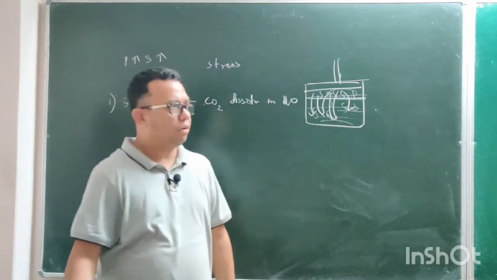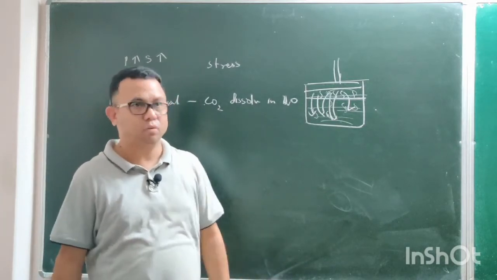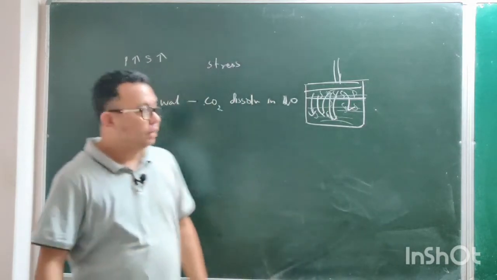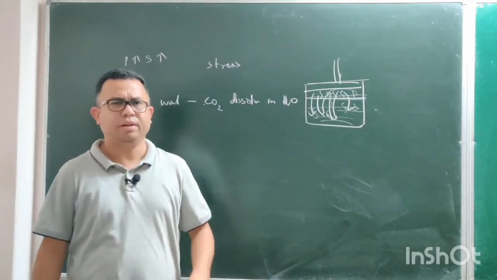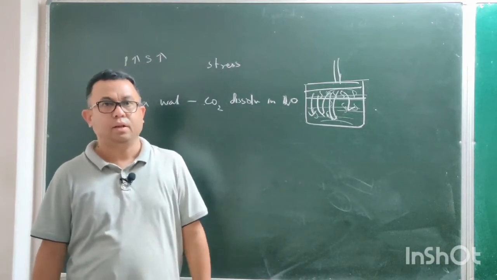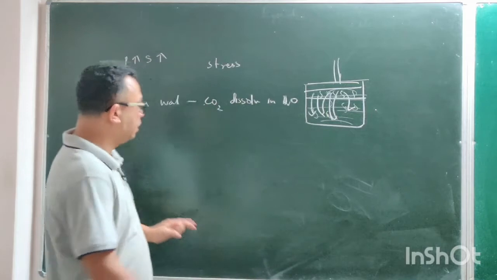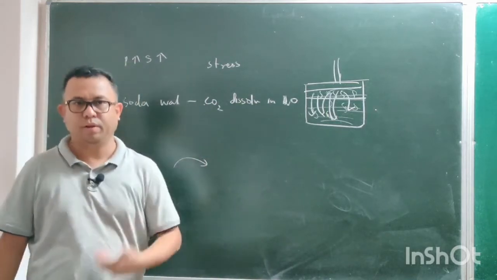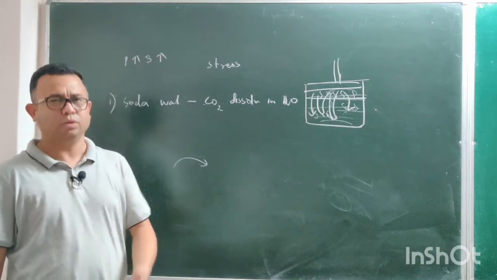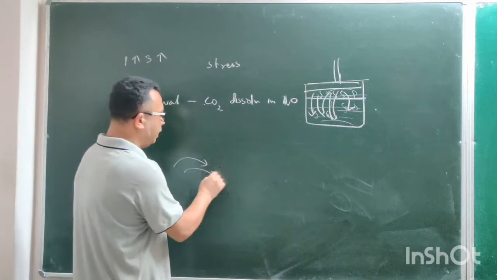When they go very deep inside the sea, the pressure increases. And if the pressure increases, not only does oxygen go inside through the lungs, but nitrogen also goes inside and dissolves in the blood.